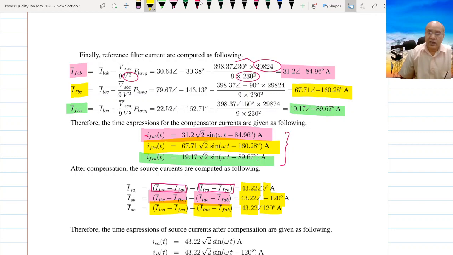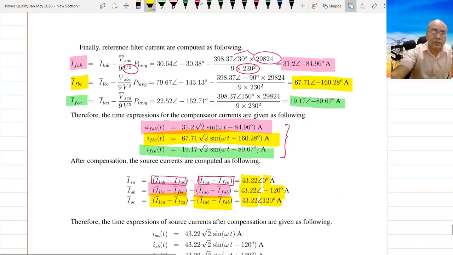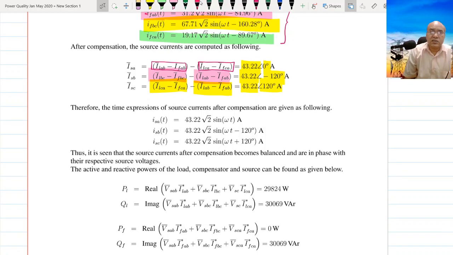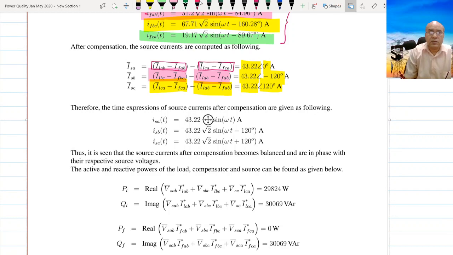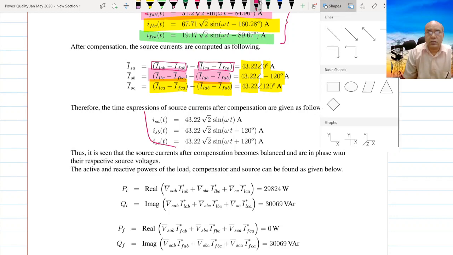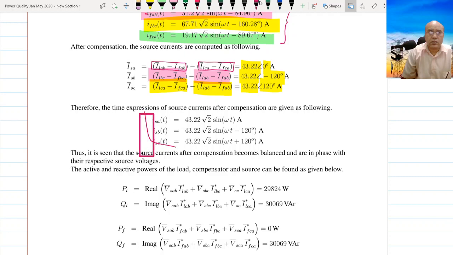And therefore again we can construct back in time domain and you can see that these are the currents. Okay, these are the currents in time domain.